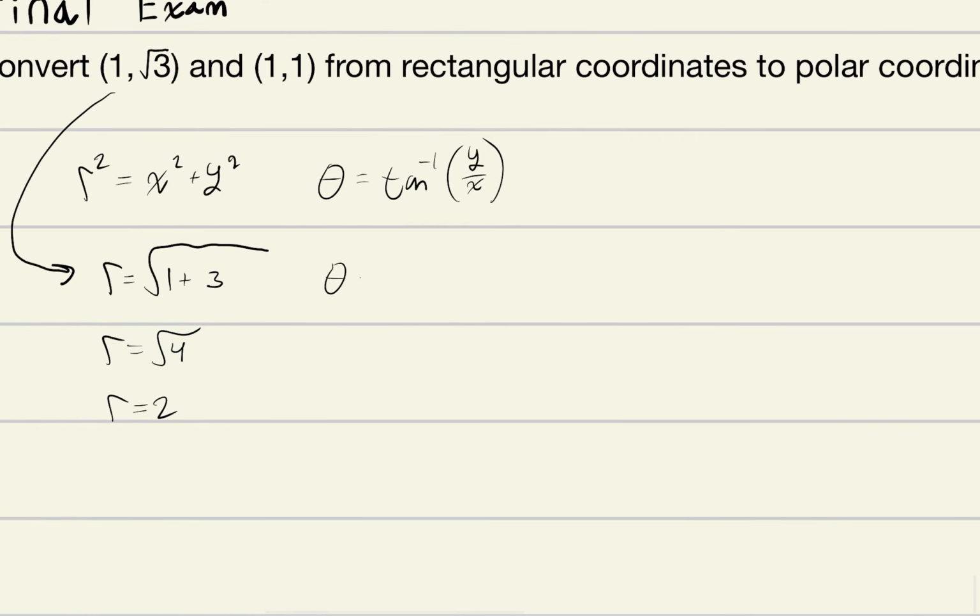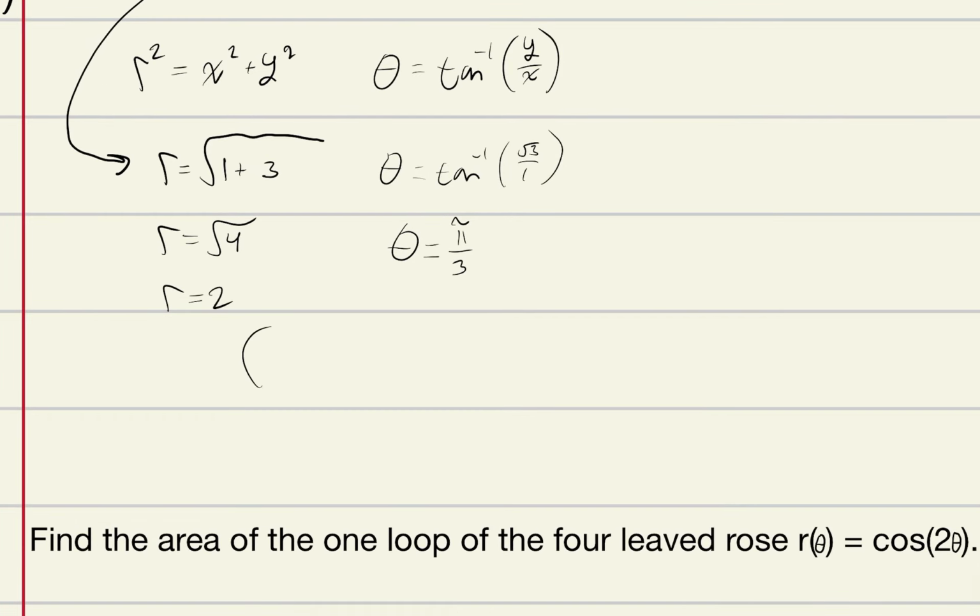And we can say theta is equal to tan inverse of root 3 over 1, and that just means that theta is equal to pi over 3. So the first coordinates would be (2, pi over 3).